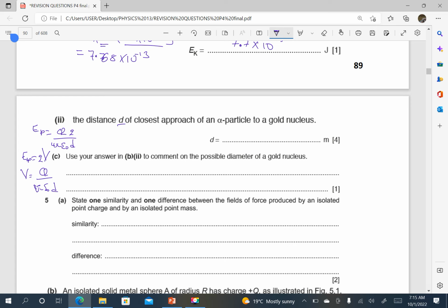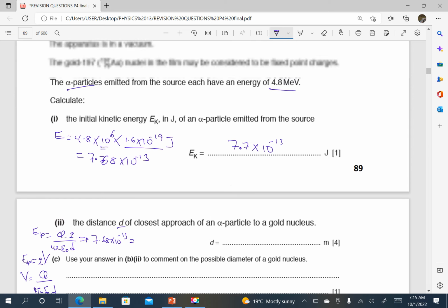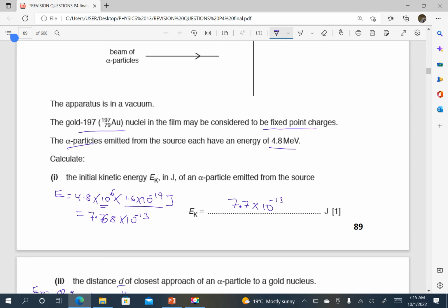Therefore we just equate our energy, which is 7.68 times 10 power negative 13, to Q for gold, which is 79E. An alpha particle is a helium nucleus, He-4-2, so the charge here is 2E.